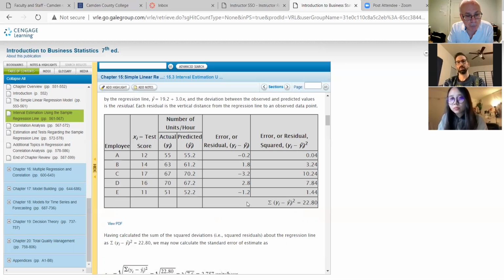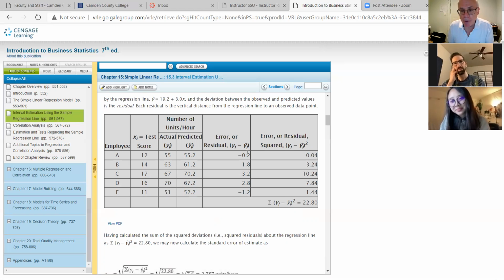Okay. By the way, if you add up all these residuals, what do you end up with? Well, let's see, 1.6, negative 1.6, 0.2 plus negative 0.2 is 0. Remember, I told you the sum of the residuals are 0. That actually shows up sometimes in my final exam questions.